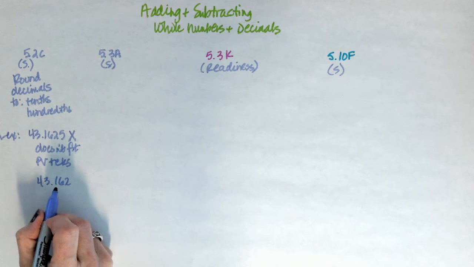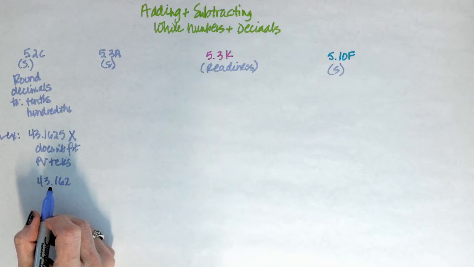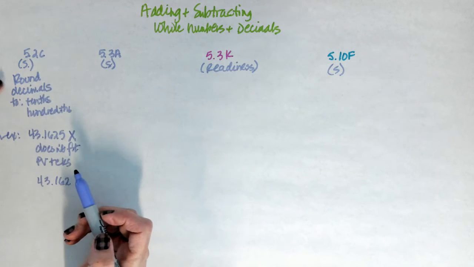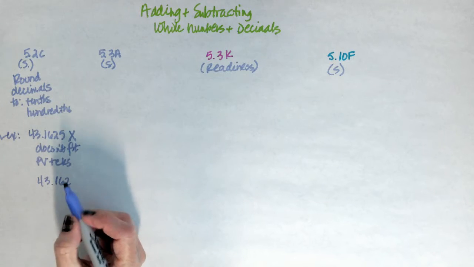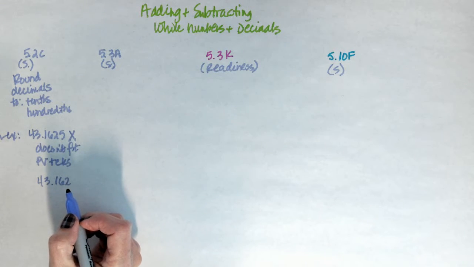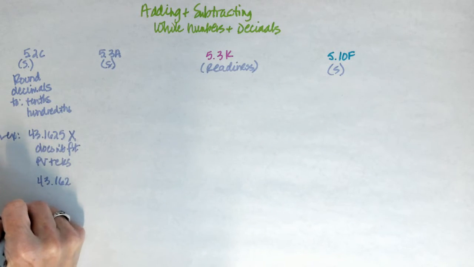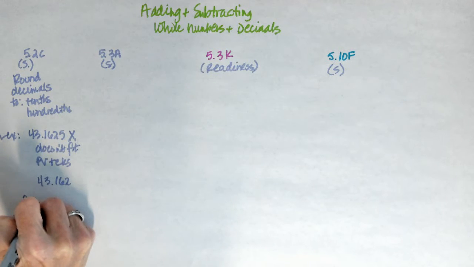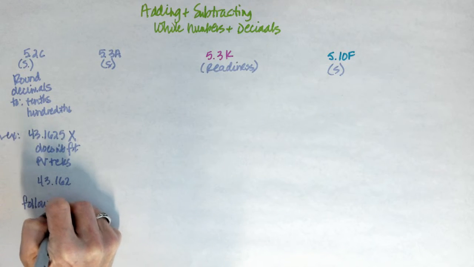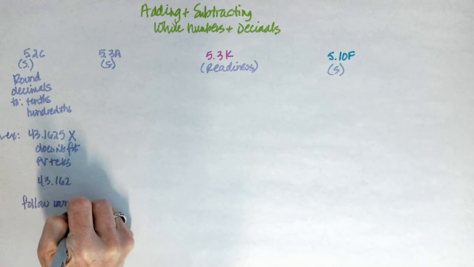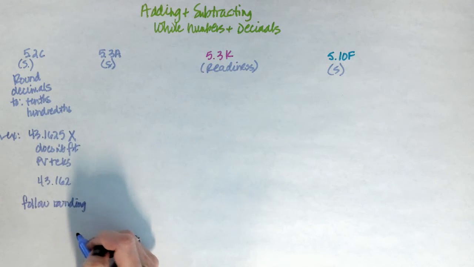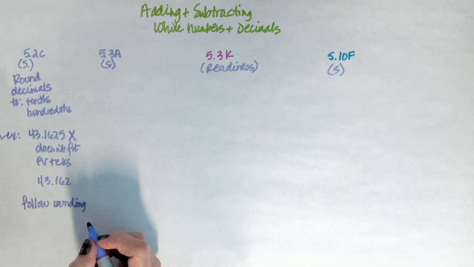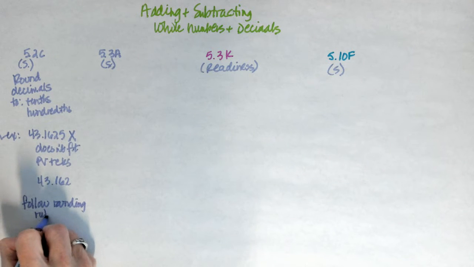Now remember, when I'm working in 5.2c and I'm asking students to round, that follows specific rounding rules for math. So I have to follow rounding rules. Now I'm going to ask you, please don't teach funny little sing-songs and tricks. Follow rounding rules.